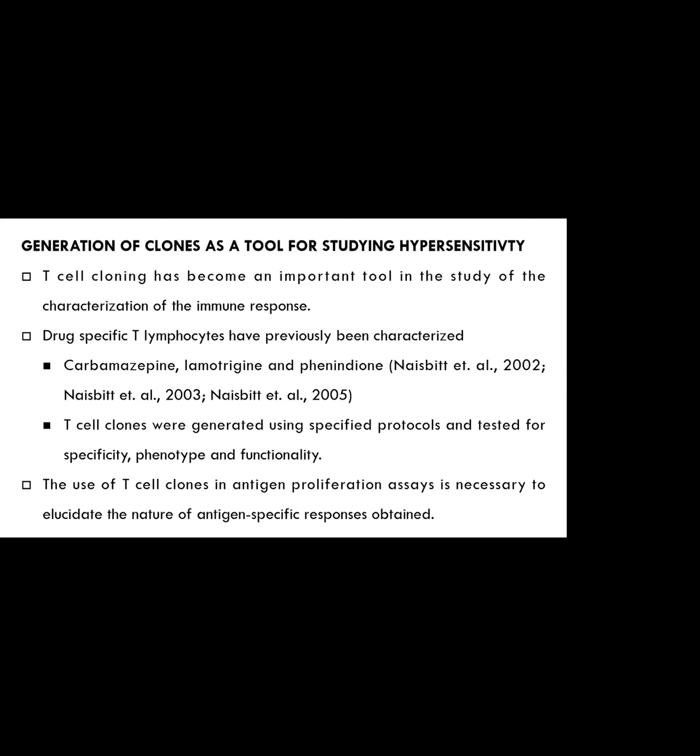So you could have more than one cell going into millions of cells that are identical. And so you now have a store of cells that you can be using for your studies. This has been done for carbamazepine, lamotrigine, phenylenedione, and for a lot of the beta-lactams. So we have drug-specific T lymphocytes for all these particular drugs.